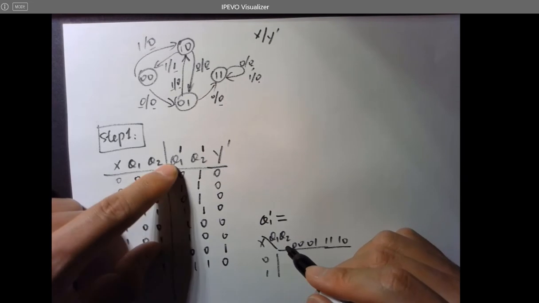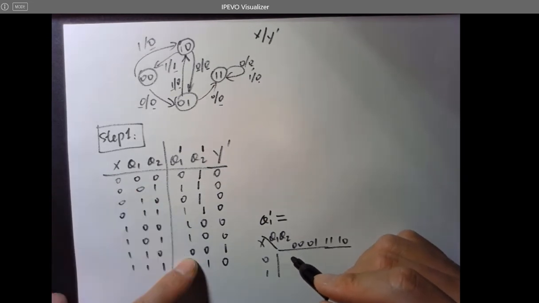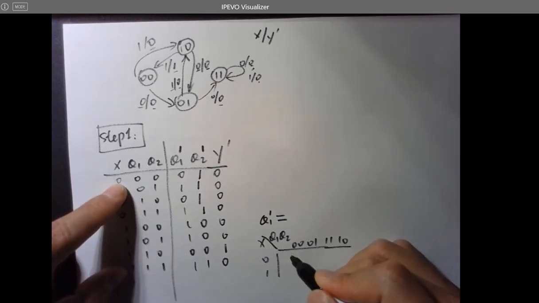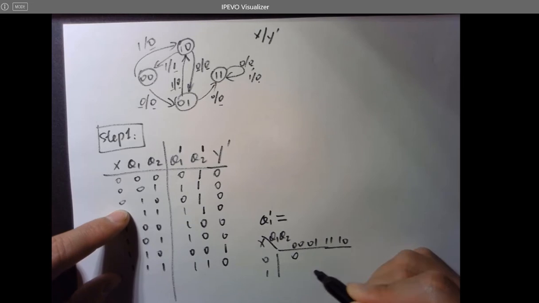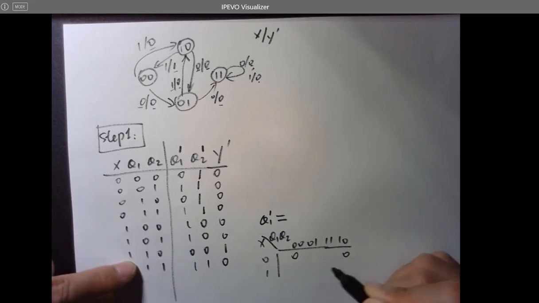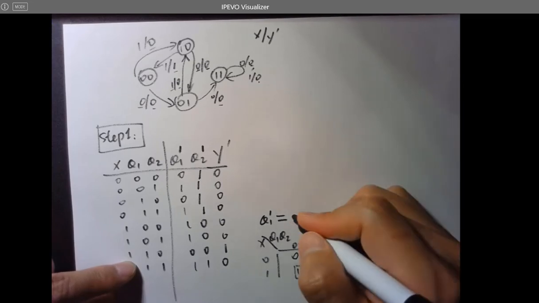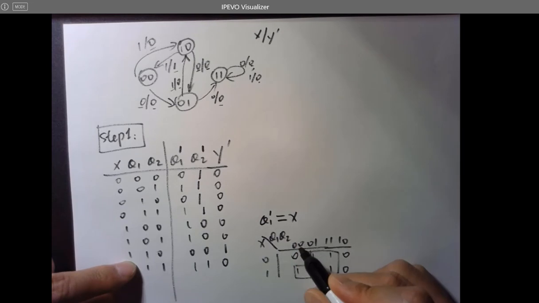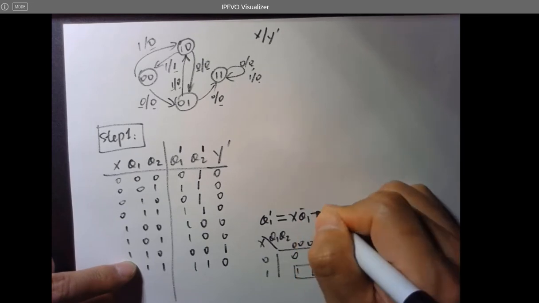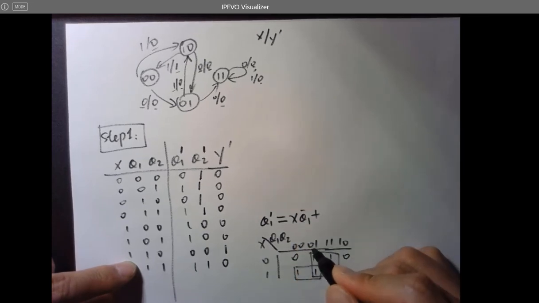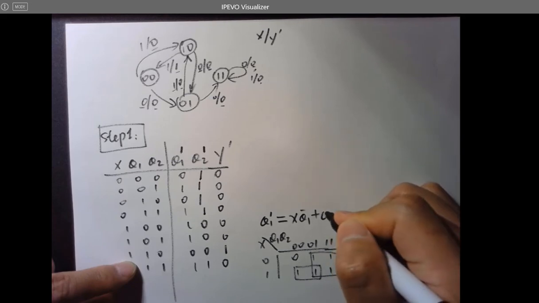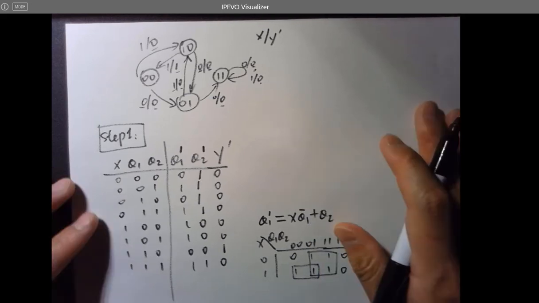So for Q1 prime, let's look at this. You only have 3 zeros. They are here, 010, here, and 110 here. All the rest of them are ones. So this will be X naught or Q1 naught or Q2. That's Q1 prime.